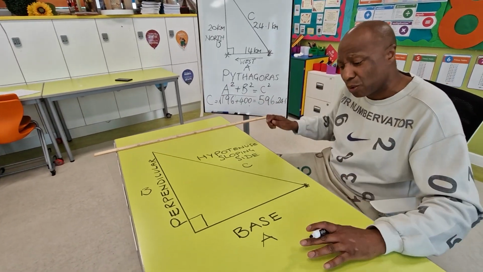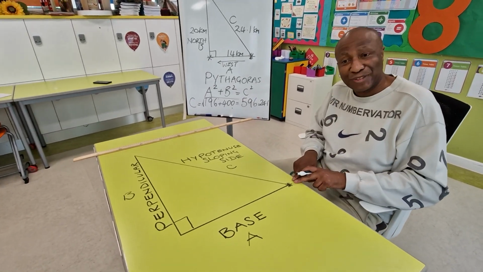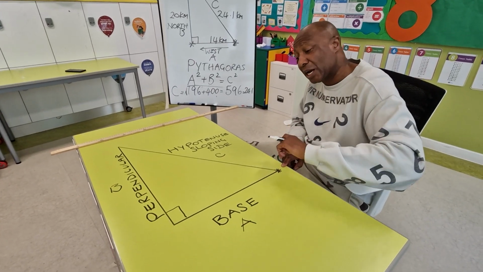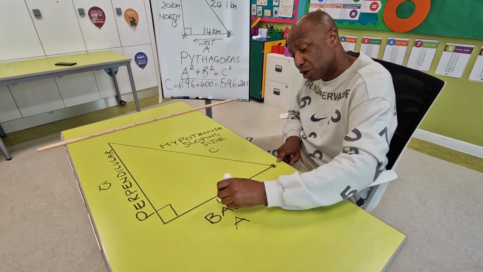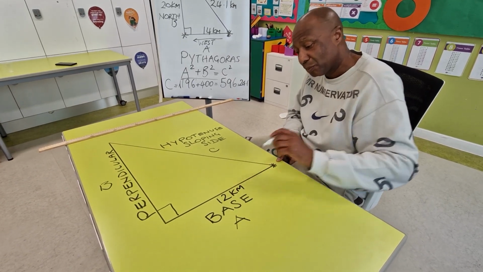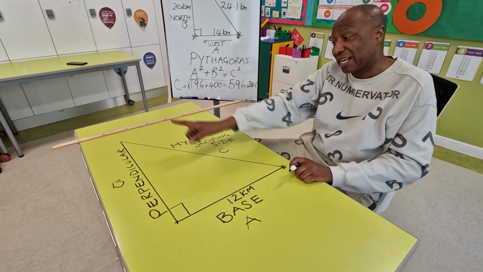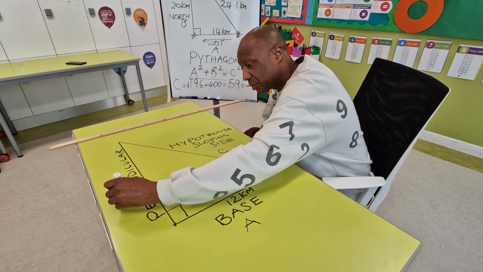Some nice easy ones. Let's just say I start my boat journey from this position and I'm going to sail west for 12 kilometers. When I get to this point here, I'm going to change direction and sail north for 15 kilometers.